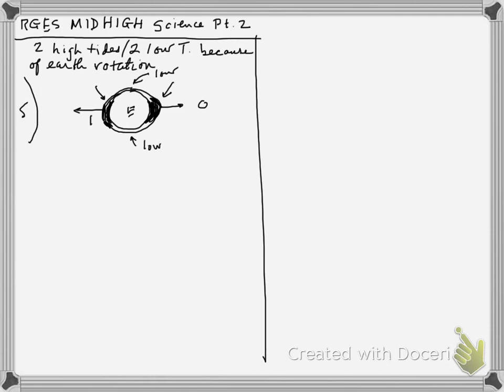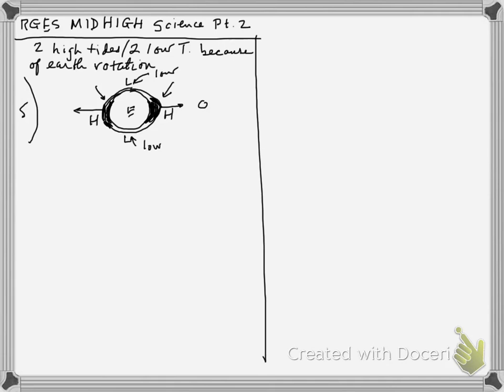So we have an H over here, a high tide, and a high tide there. And then we have a low tide right in between those two high tides. So just bear in mind that during the course of a day, every place in the ocean will witness a lowering of the ocean twice a day, and an increase in the ocean height, sea level, twice a day.